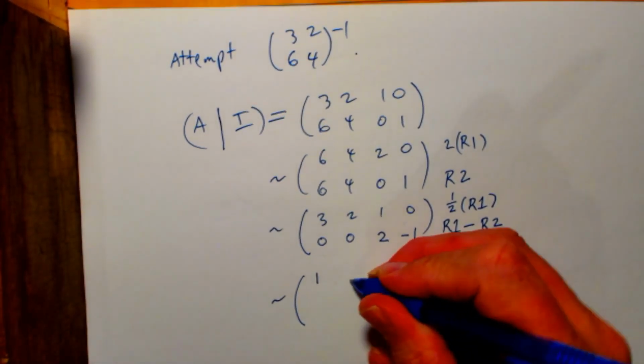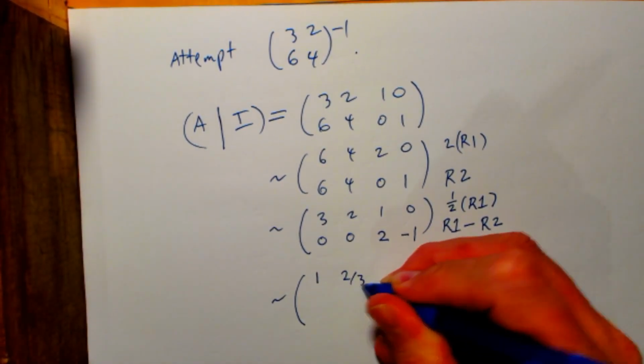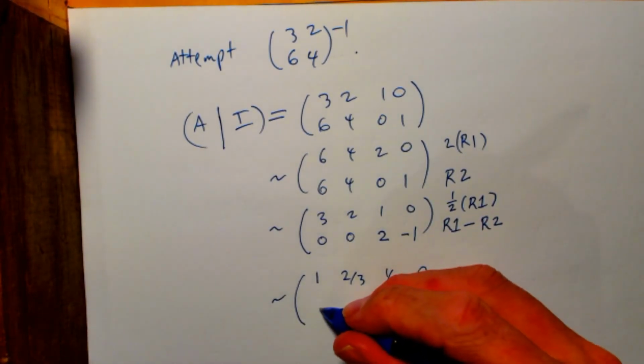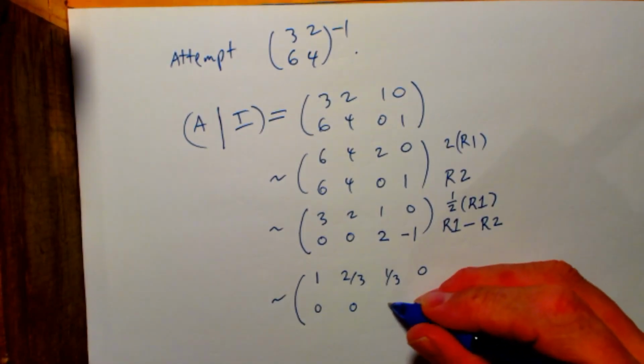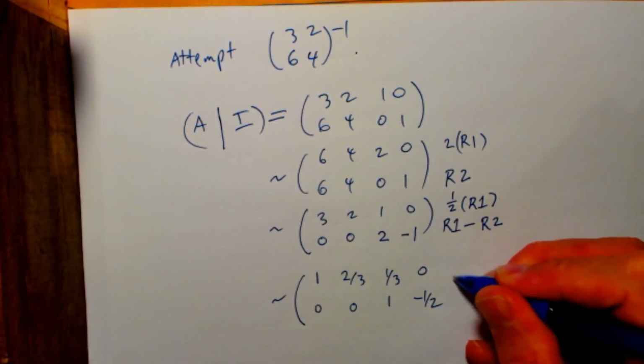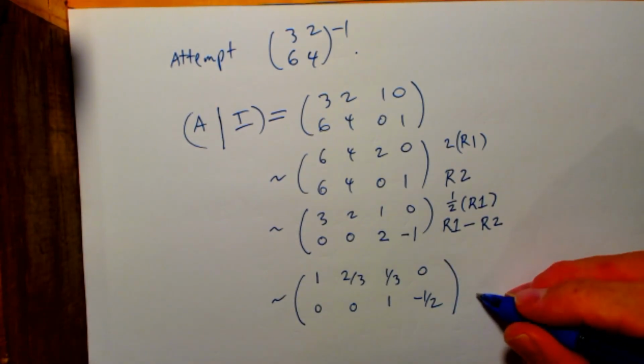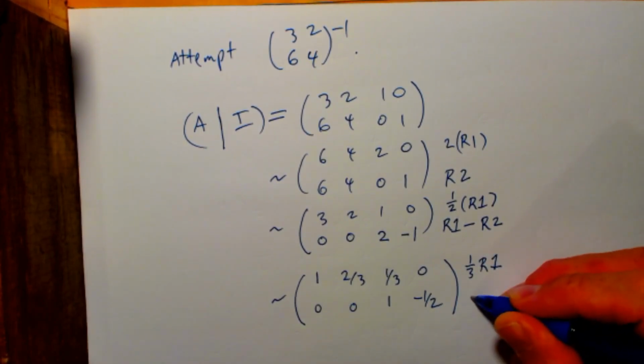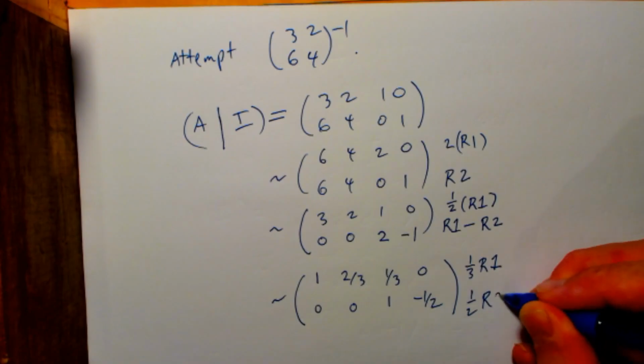So we have 1, 2/3, 1/3, 0, and then divide row 2 by 2. And so what have we done? We've done 1/3 row 1 and 1/2 row 2.